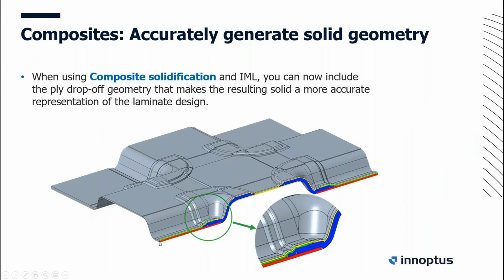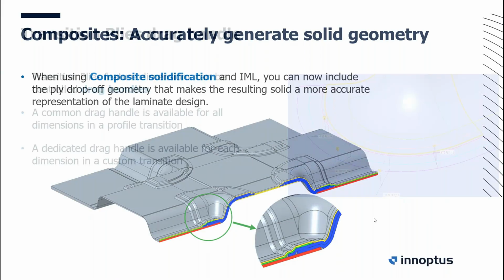Because now every layer that we build has its own thickness, its own cure thickness, because that's also a difference, cure thickness and placement thickness, it creates an exact solid form of that. Now also including the little drop-offs that you have. So you sometimes have little openings in there as well, which typically will fill with resin, but you can see that in detail. So very cool.